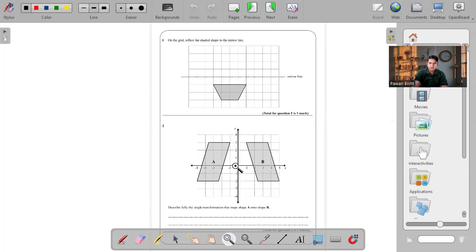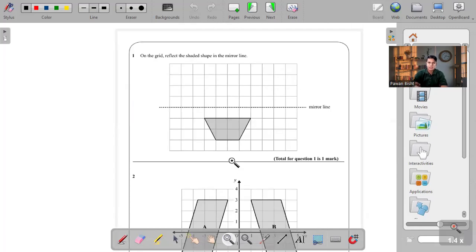Question number one. On the grid, reflect the shaded shape in the mirror line. As you can see, this is a mirror line given to us, so we have to reflect this shape in the mirror line, right? The easiest way of doing this, where you will not make any mistake, is to see the coordinates here. This is my coordinate, this is my coordinate, this is my coordinate, and this is my coordinate.